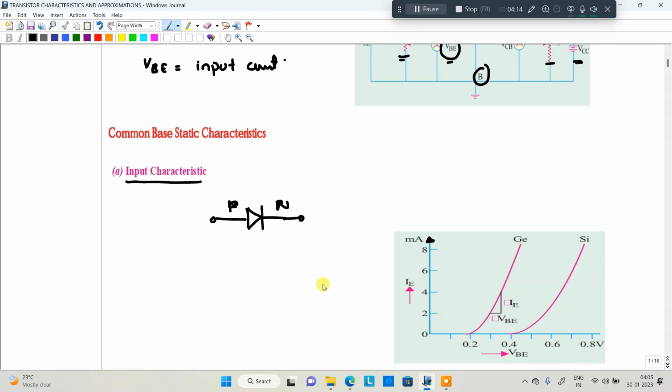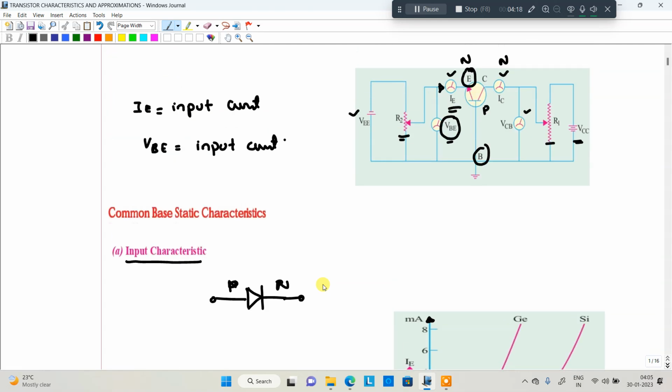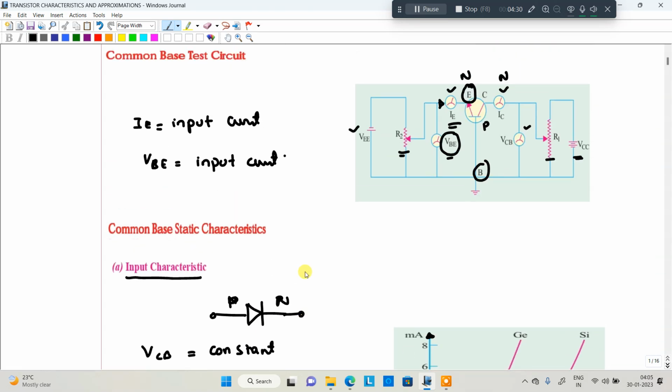We'll see how exactly these characteristics are obtained. First, make the output voltage VCB constant, that is the first condition. So VCB is constant.